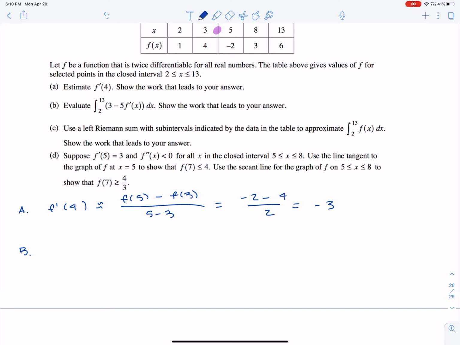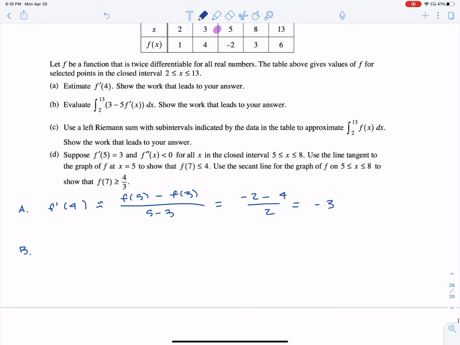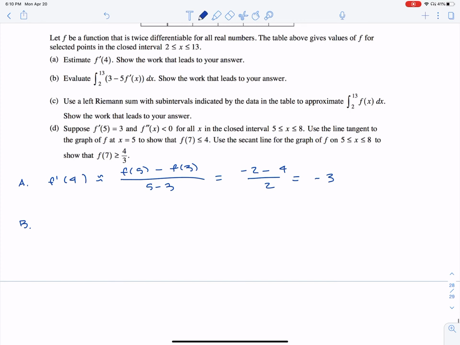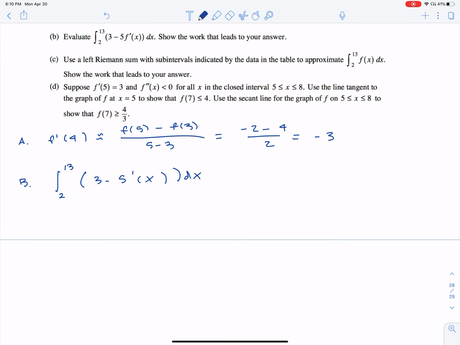Okay, let's look at letter B. Evaluate the definite integral from 2 to 13 of that function. Show all your work that leads to the answer. Okie dokie, let's see what we can do. Okay, so first off, I'm going to break this up into 2 pieces because, well, I'll show you why.